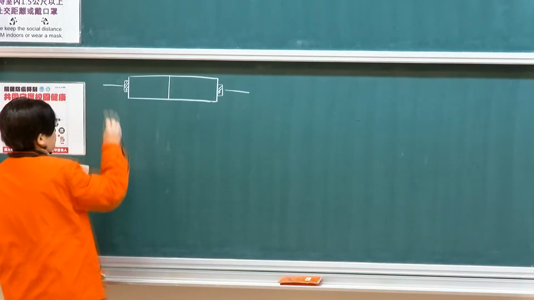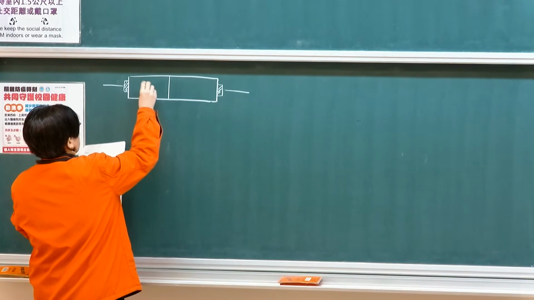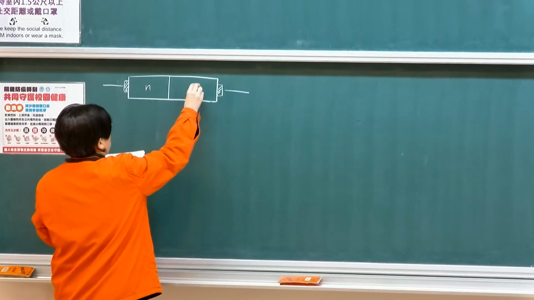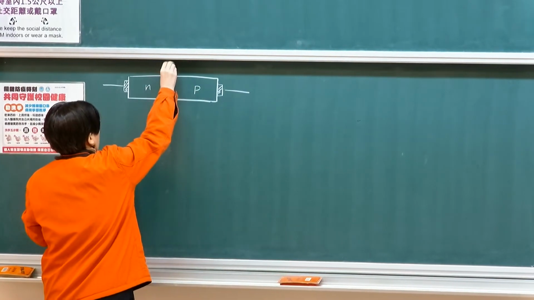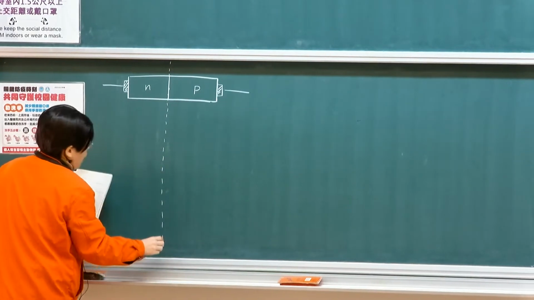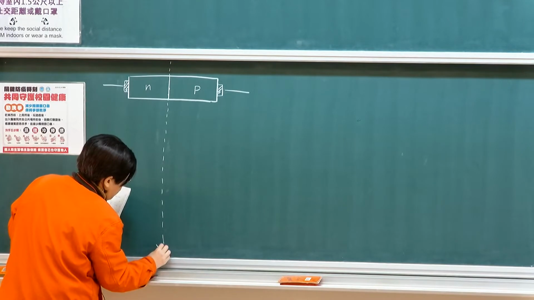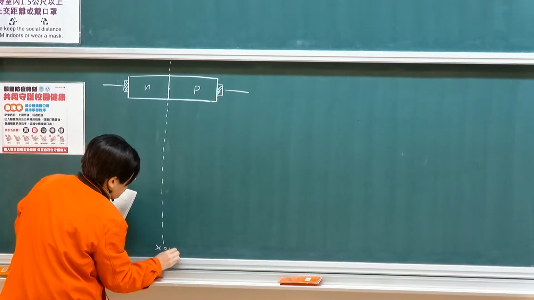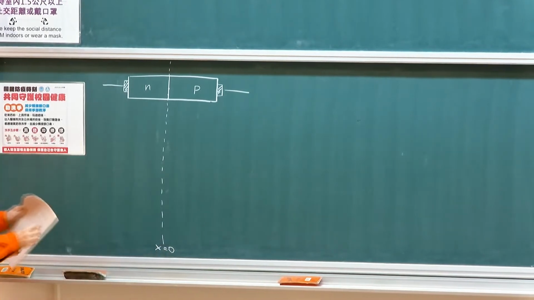Let's say I'm using a two-dimensional device. This is the N-type, this is the P-type, and along this axis is x equals 0.